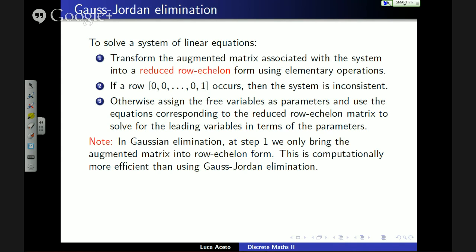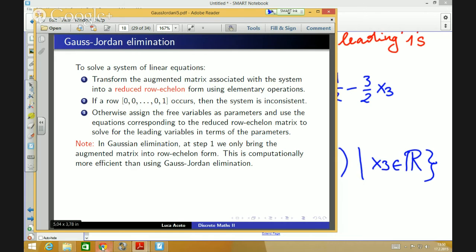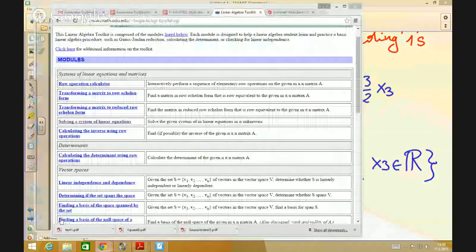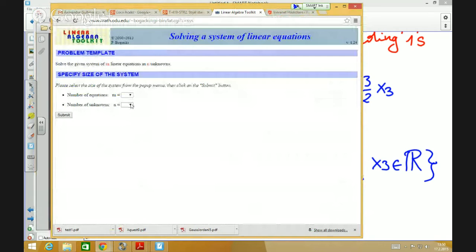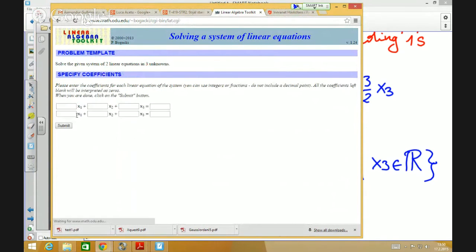So, example, I think that some people are not overly convinced. Since I don't want to calculate too much today, I've already done enough of those, let's use the tool. Let's do 2 equations in 3 variables. Why not?